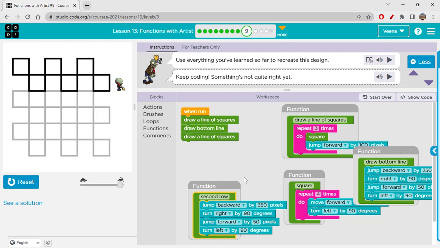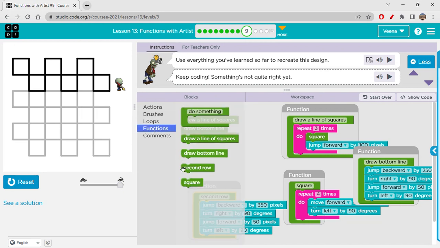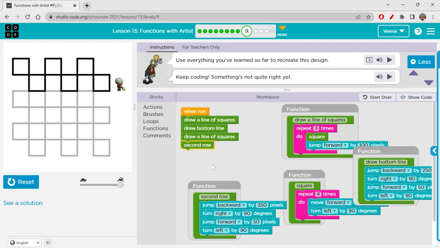Okay. Let's call second row function then. Second row. And then continue with this complete thing three times should do.